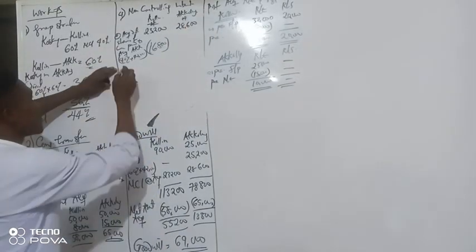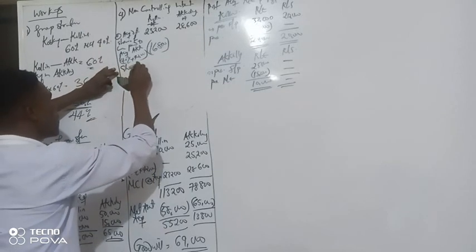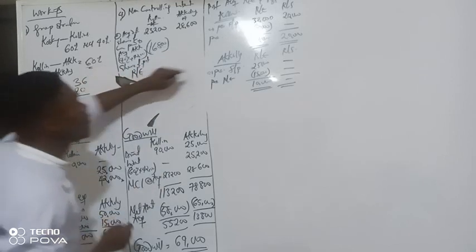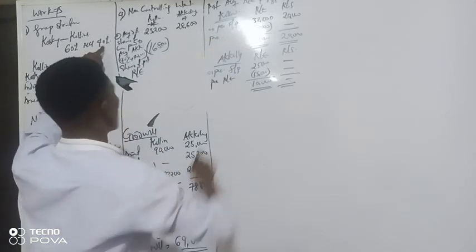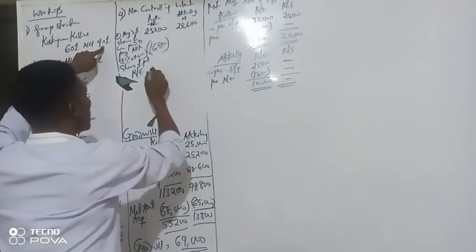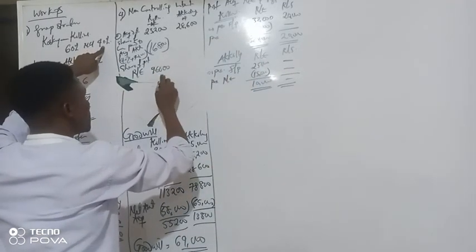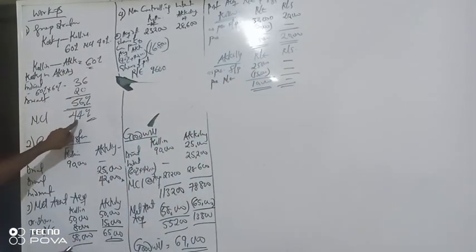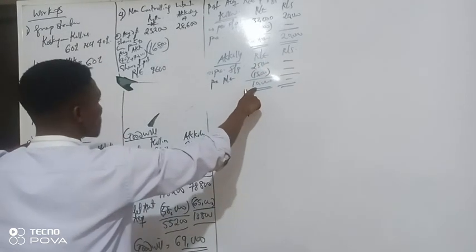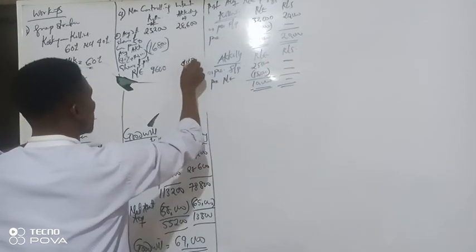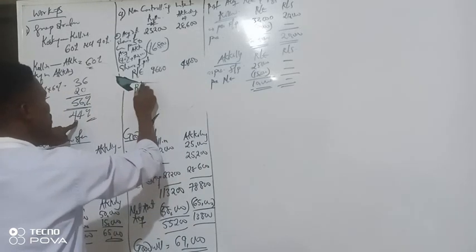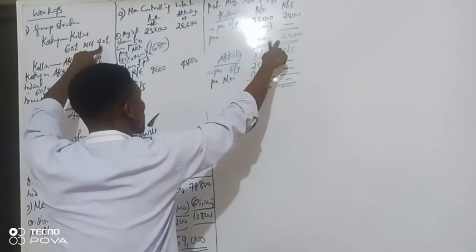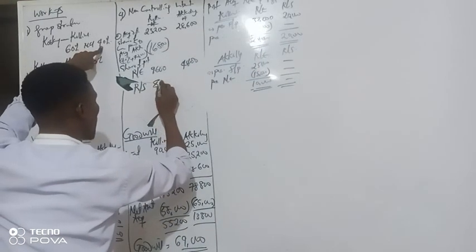Share of post-acquisition retained earnings: for Collins, 40% of 24,000 is 9,600. Then for the other, 44% of 10,000 is 4,400. Then for revaluation surplus, 40% of 20,000 is 8,000.